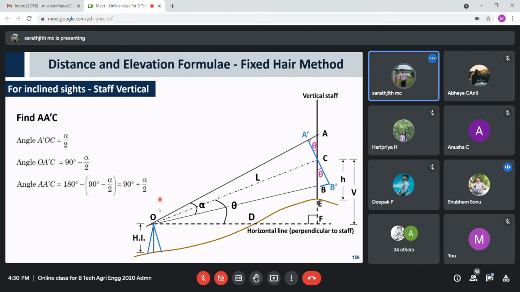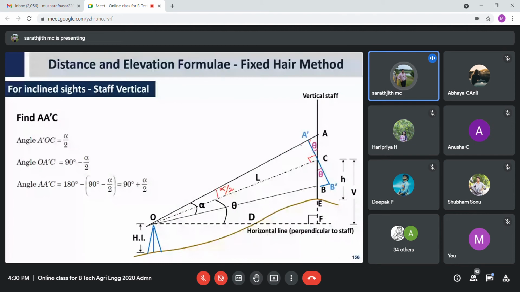Yes, sir. You have to consider O A dash C. This angle is alpha by 2, and you know that this is perpendicular. We want to find this angle first.